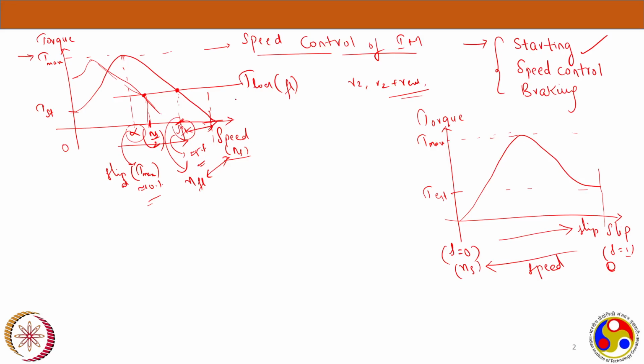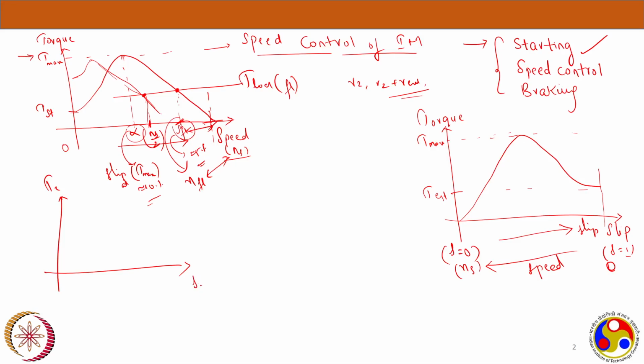If you remember the T_e max formula, it is not dependent on R2. Let me draw it, and it will be clearer. This is T_e and this is speed.